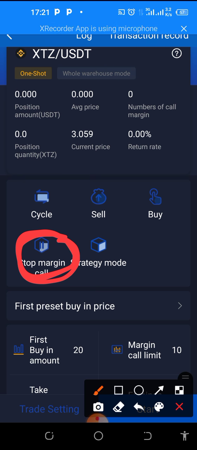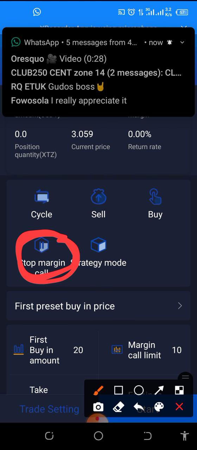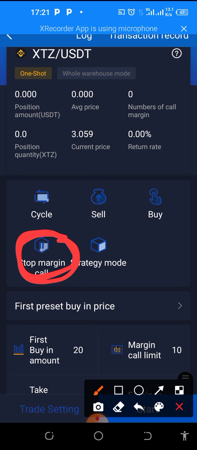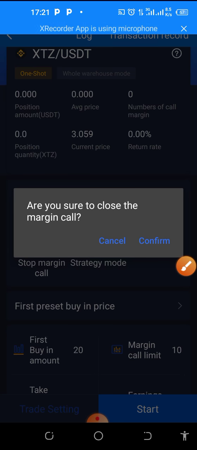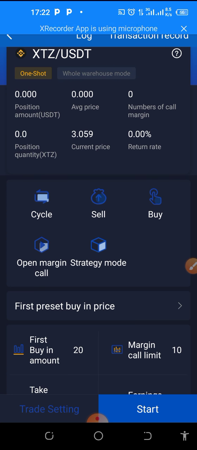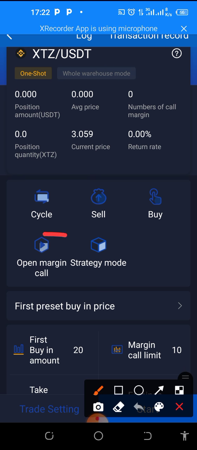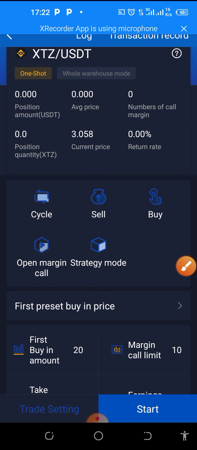But if you want to stop it, if you don't want it to buy the dip further, all you just need to do is come here and click on stop margin call. Now let's do that. Just click on it and press confirm. Then look at it, it has changed to open margin call. So that means it's on stop margin call. But if you want to activate it, all you just need to do is click on the open margin call, confirm it, and now it is there.